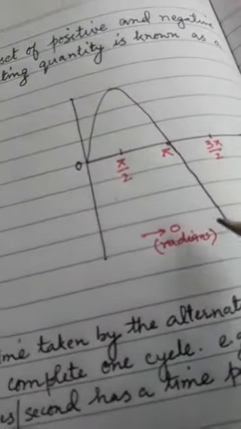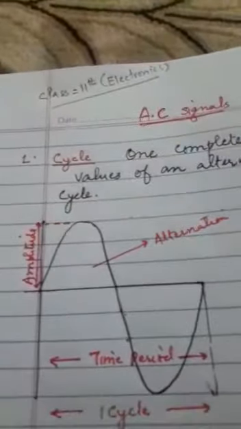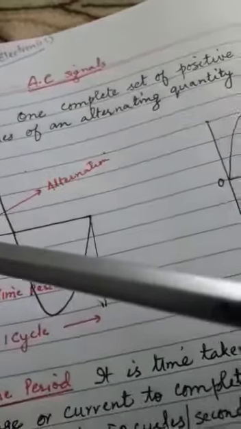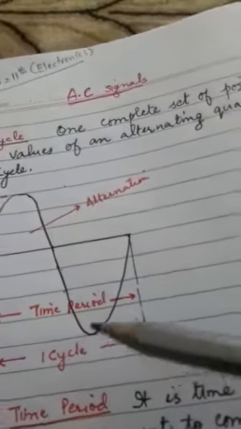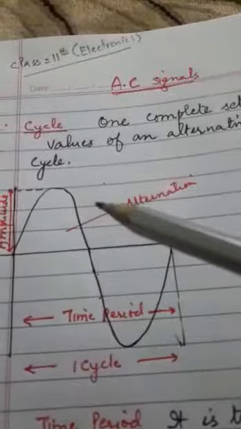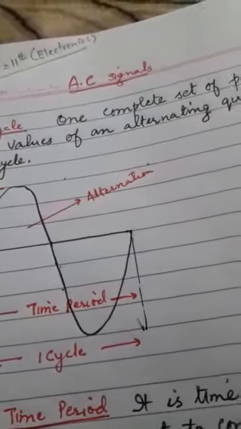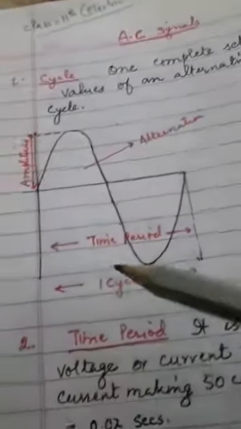The pulse goes up to the value 360. How would we define a cycle? A cycle is the positive and negative value of an alternating quantity.